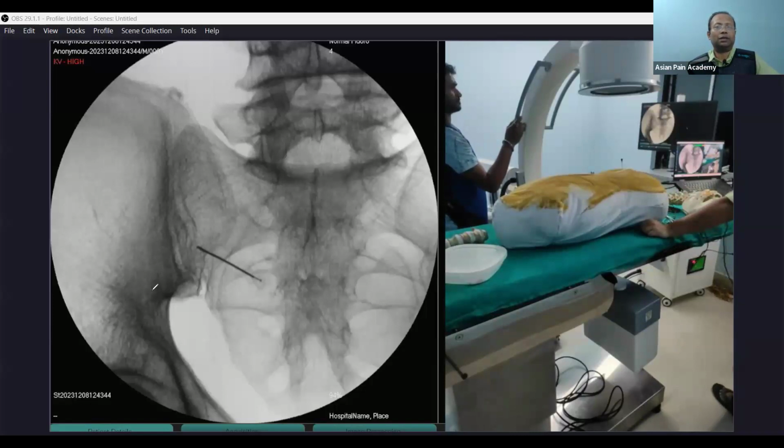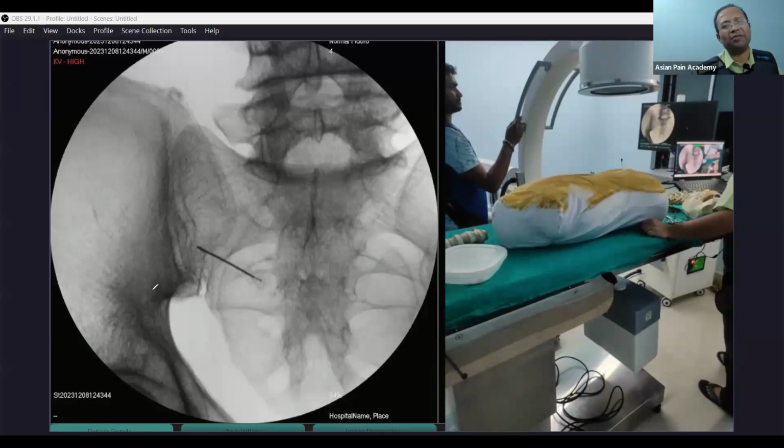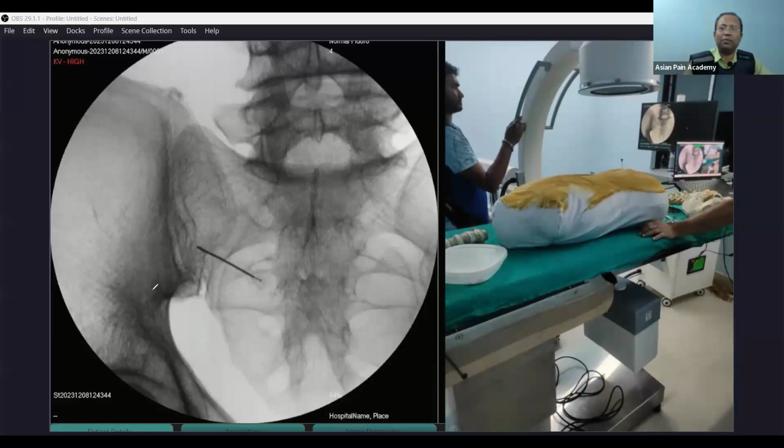If anybody has any confusion, tell me. Sir, what is the volume of drug? Volume is 5 ml, and in one joint you can give 40 mg of depomedrol. 40 mg depomedrol in 5 ml.